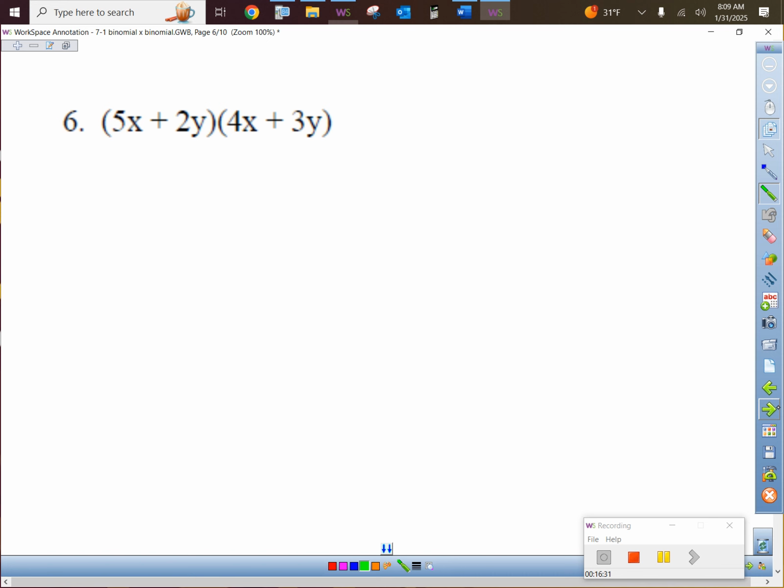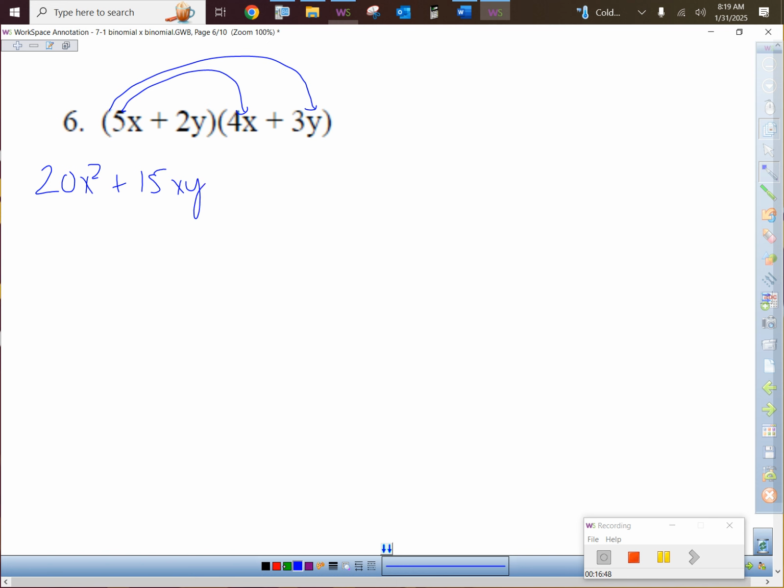Here's what I'd like to do. Let's see if you and a neighbor can get number 6 done. Pause that video, and let's see what we got. So I'm going to do 20x squared, boom, plus 15xy, plus 8xy plus 6y squared.